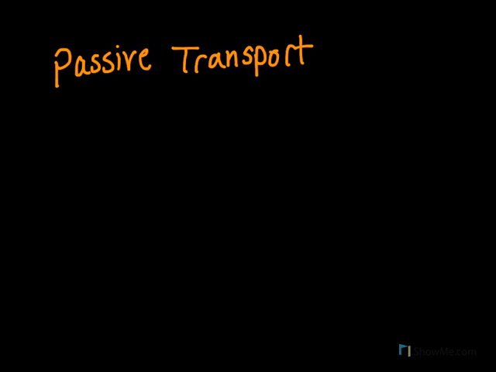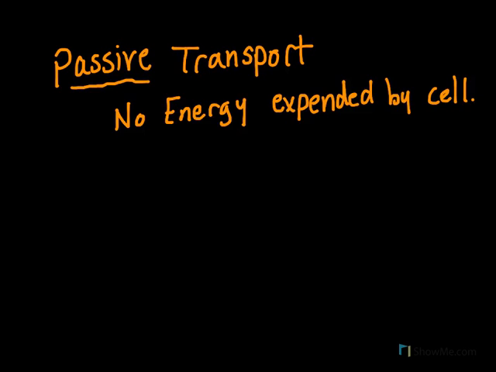So why is osmosis considered to be passive transport? Passive meaning no energy expended. How is that possible? Well, that's possible because molecules move randomly as long as they're not at absolute zero.